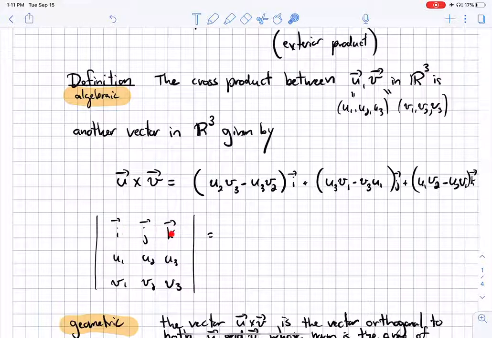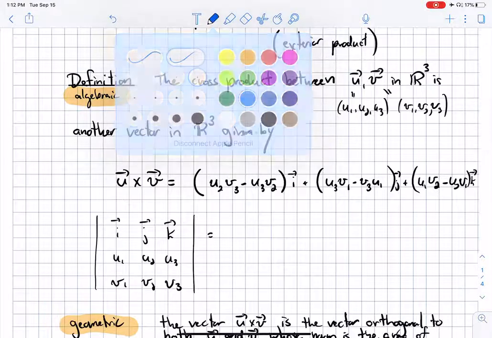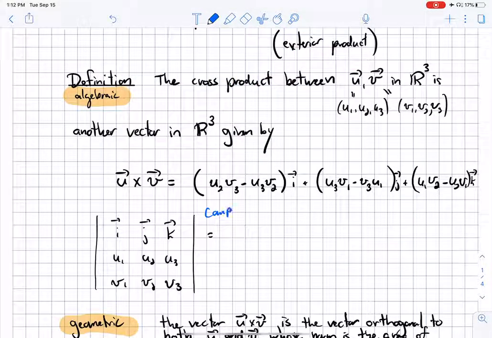You put in the first row i, j, k, even though they're vectors. Okay, this is just for the computation. So you put i, j, k, and you write in the next row the components for u, then the coordinates for v. And then you do exactly as computing the determinant of that matrix.